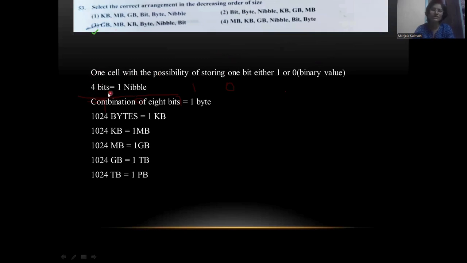A combination of 4 cells, that is a 4-bit allocation, will be considered as 1 nibble here. And a combination of 8 bits is 1 byte. And like that we have 1024 bytes, 1 kilobyte, kilobyte to megabyte, megabyte to gigabyte, and terabyte and petabyte. Like that, in series, all the memory values will be calculated here.